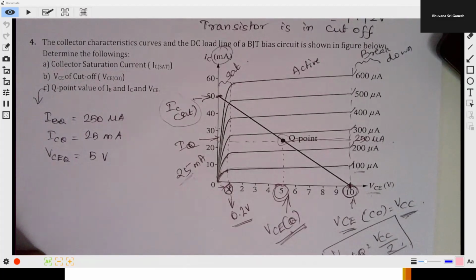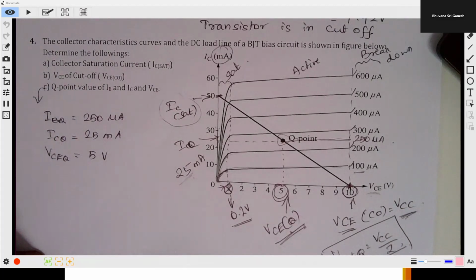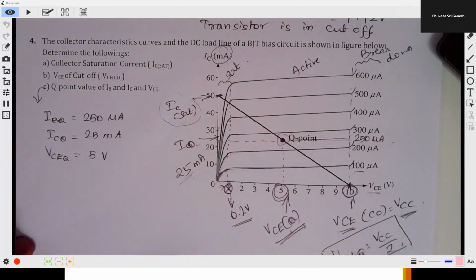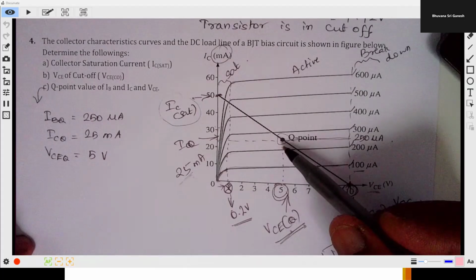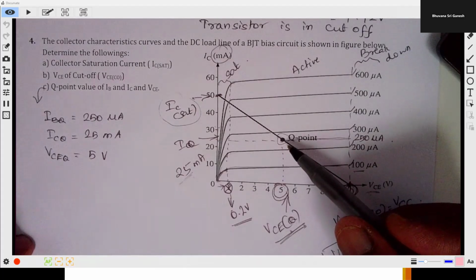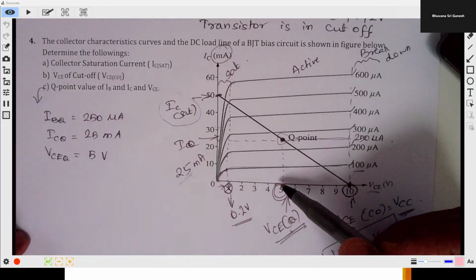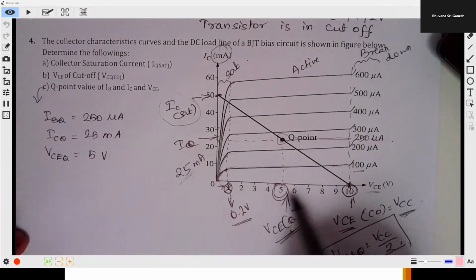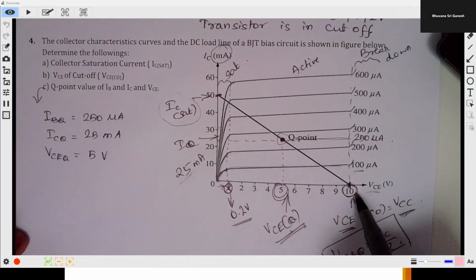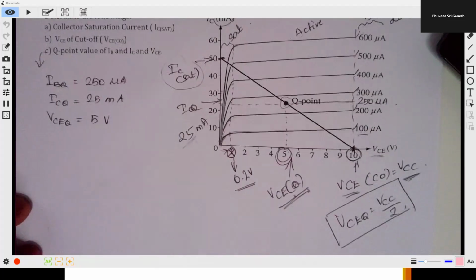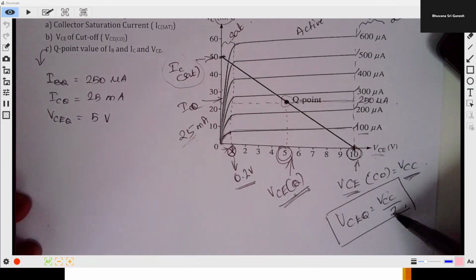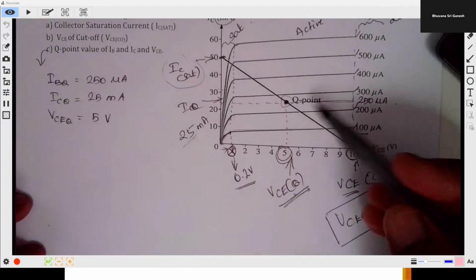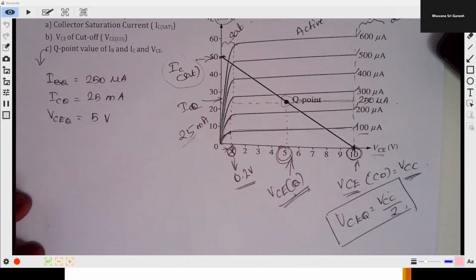Okay, for faithful amplification, for the signal to be fully amplified, the transistor should be operating at the center of the DC load line. The center of the DC load line, when you look at VCE, is going to be 50% of the supply voltage VCC. So VCEQ should be VCC over 2 for the Q point to be at the center of the DC load line. All right, so that I have also shown here.